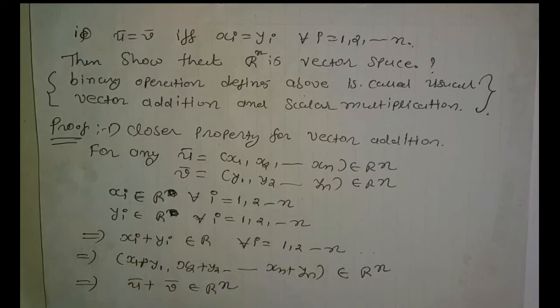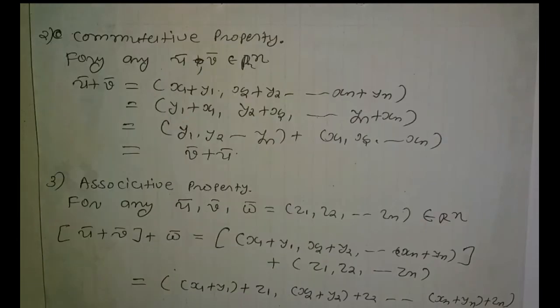So the vector x1 plus y1, x2 plus y2, up to xn plus yn also belongs to Rn. So the vector addition u bar plus v bar belongs to Rn. So closure property is satisfied.